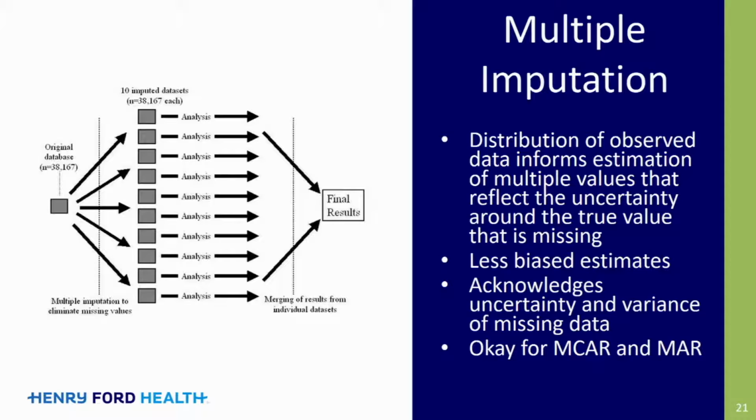Those data sets will reflect the uncertainty of what the true value would have been in that missing data point. And so it also acknowledges the uncertainty and variance that could be present when you have missing data, but it will give you an estimate of what that missing data was so that you can run a final, less biased calculation than if you had completely ignored that missing data.